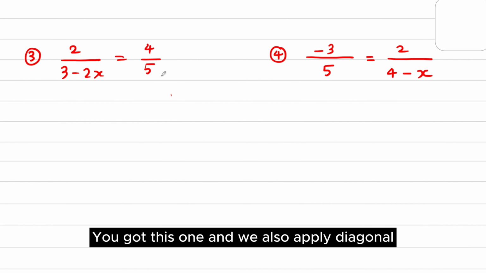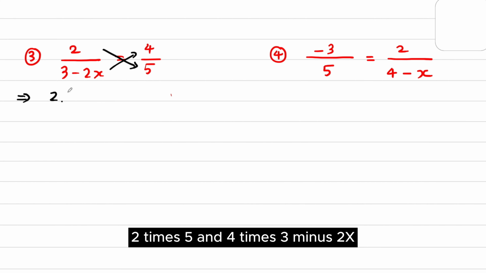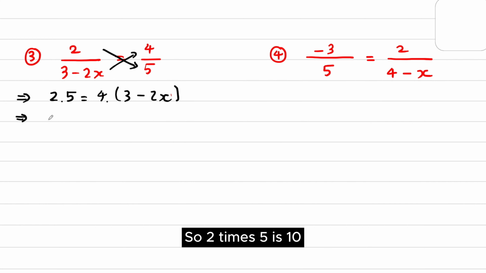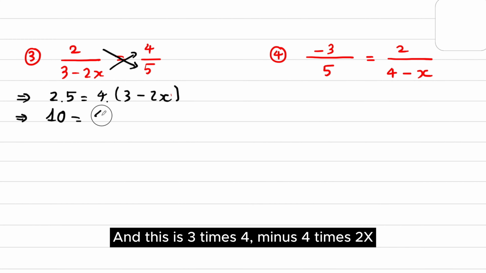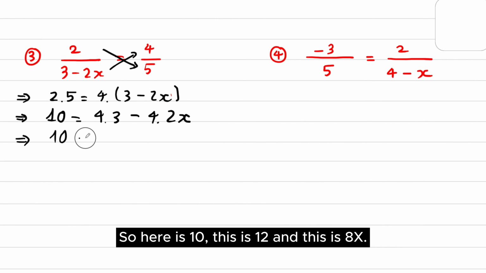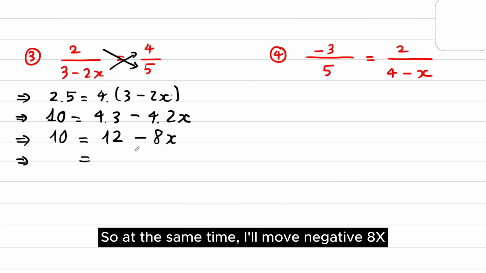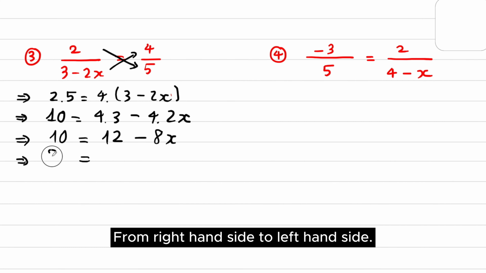Example 3, you got this one, and we also apply the diagonal. 2 times 5 and 4 times 3 minus 2x. So 2 times 5 is 10, and this is 3 times 4 minus 4 times 2x. So here is 10, this is 12, and this is 8h. At the same time, I will move negative 8h from the right-hand side to the left-hand side.